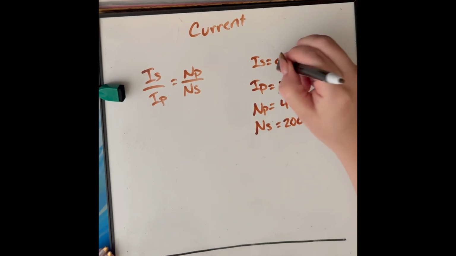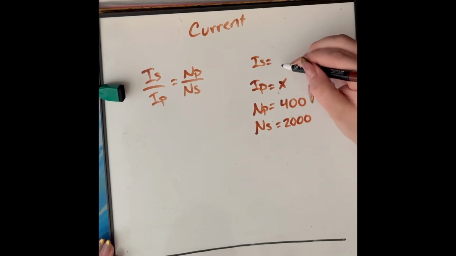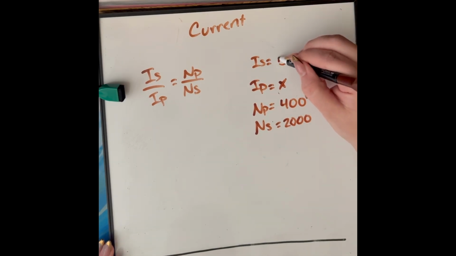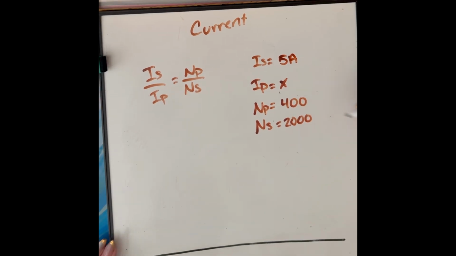And our incoming current is 5 amperes. Okay, so this is a made up problem. So I said our primary side has 400 turns, our secondary side has 2,000 turns, and our incoming current is 5 amperes.